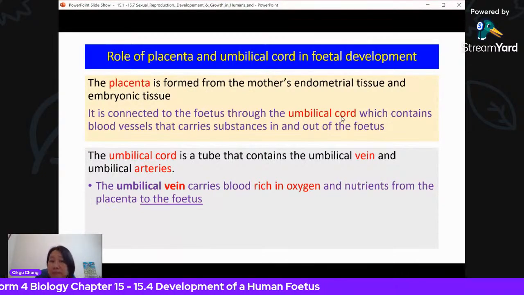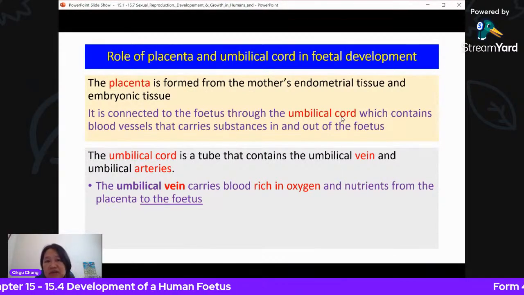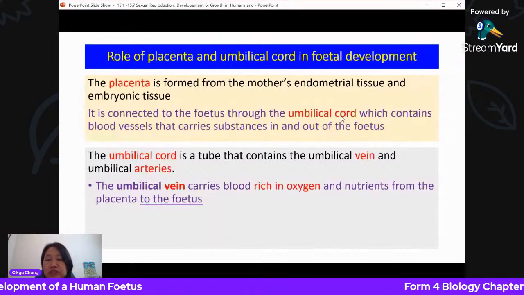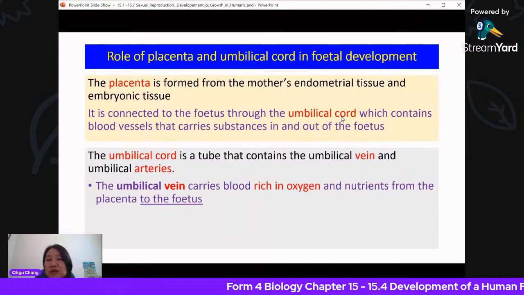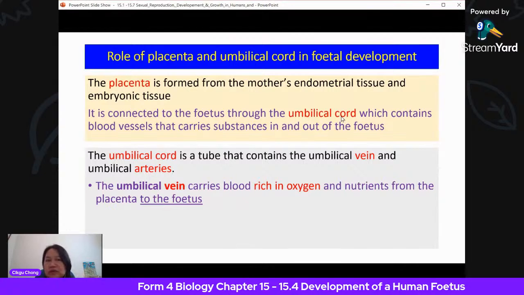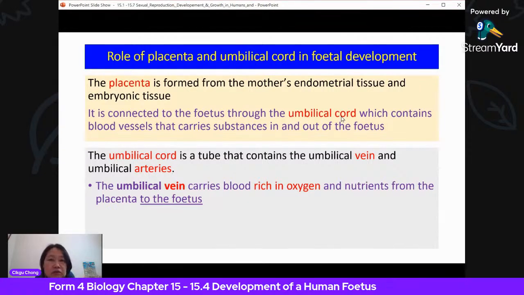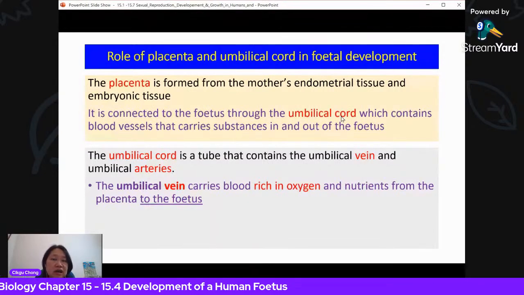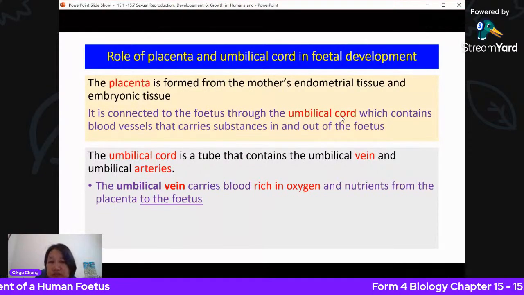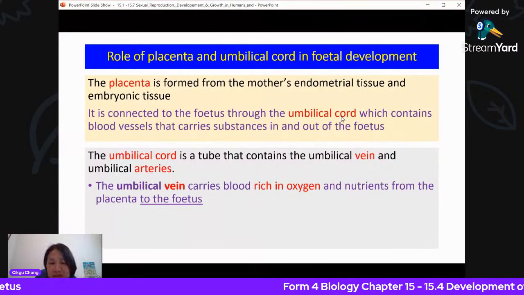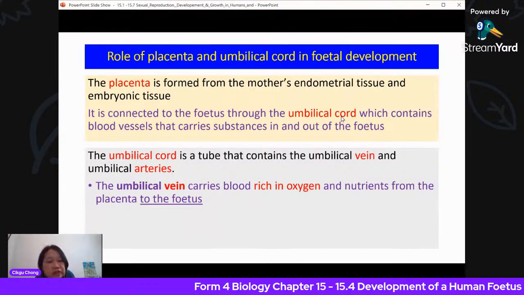Now, for the baby, the umbilical vein carries blood rich in oxygen. So you will see that this is a bit different from what you learn. When you learned previously, mostly veins will carry blood that is lacking in oxygen, or deoxygenated. But the umbilical vein actually carries blood rich in oxygen.